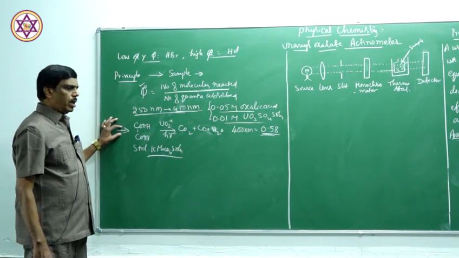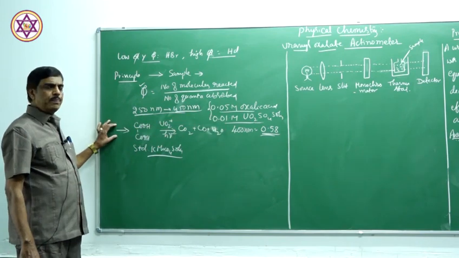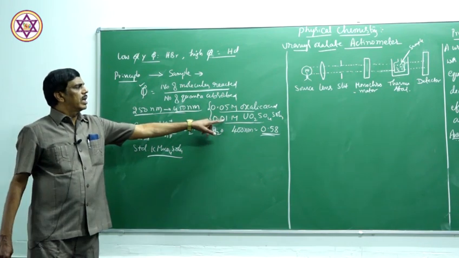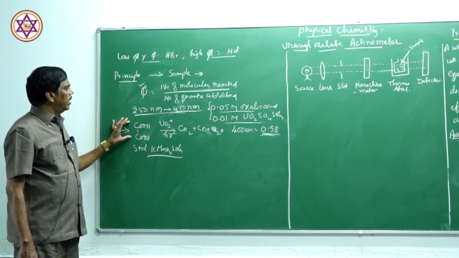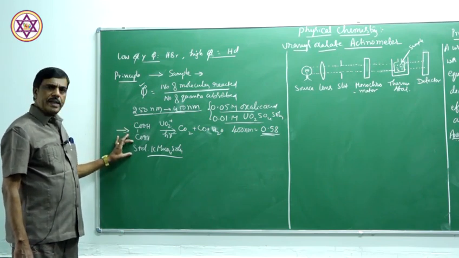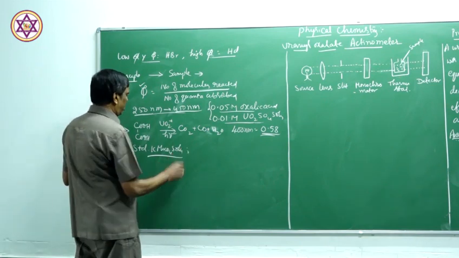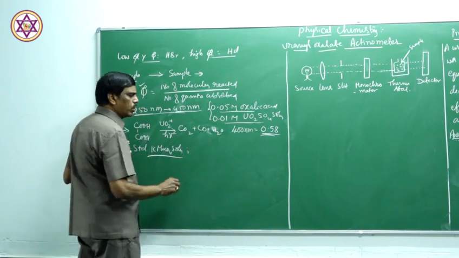So, light radiation of a known wavelength is irradiated on this standard oxalic acid solution containing uranyl sulfate. It is passed for a known time. After that time, the remaining oxalic acid is titrated against standard potassium permanganate, and from this method we know how much oxalic acid is dissociated.